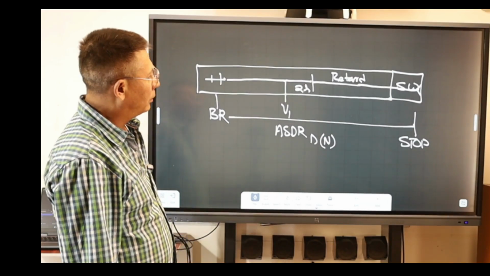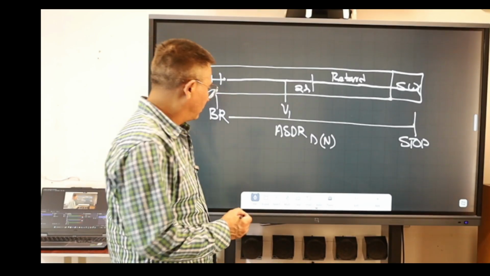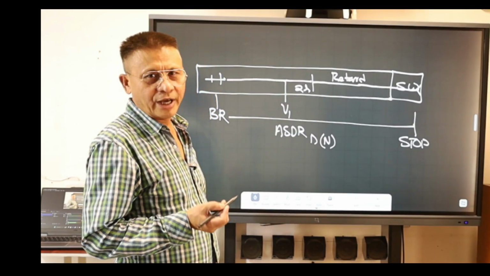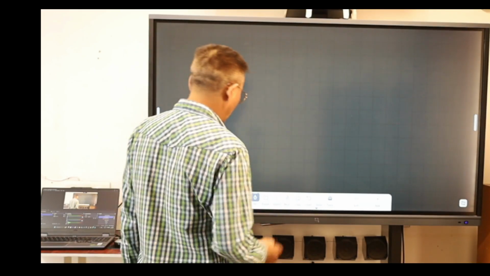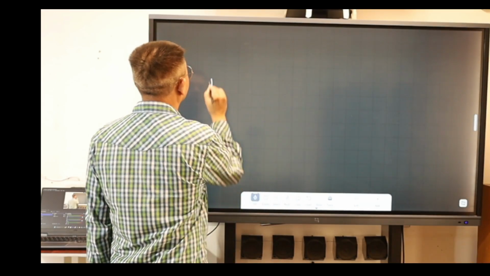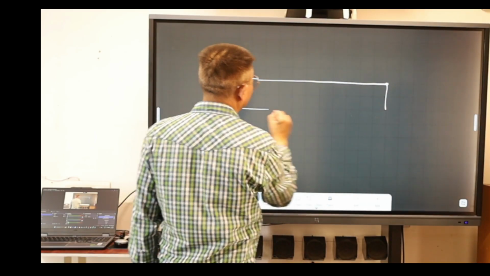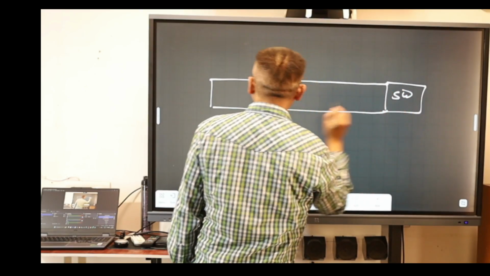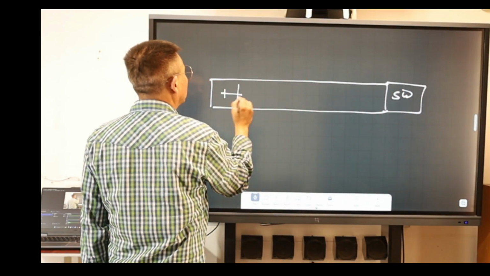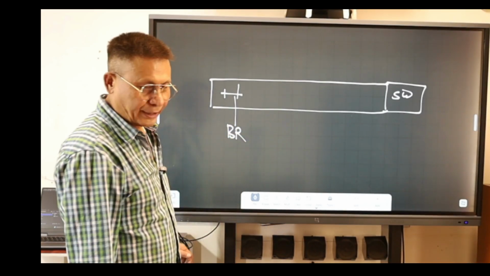Now let us talk about the ASDR on a wet or a contaminated runway. This is the brake release point.